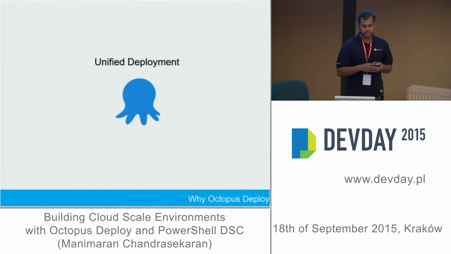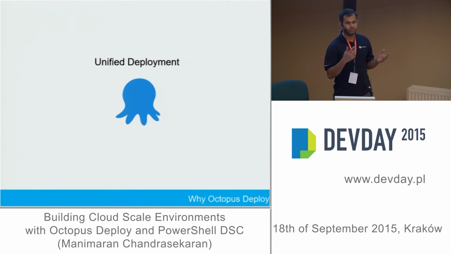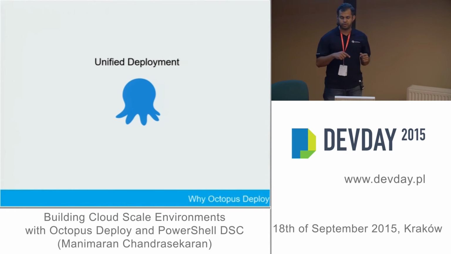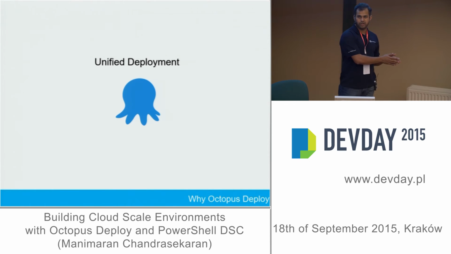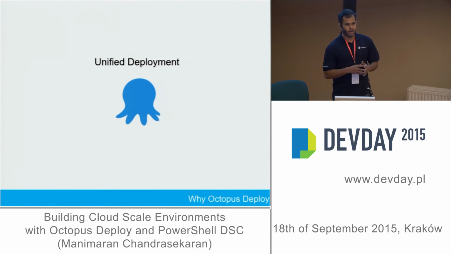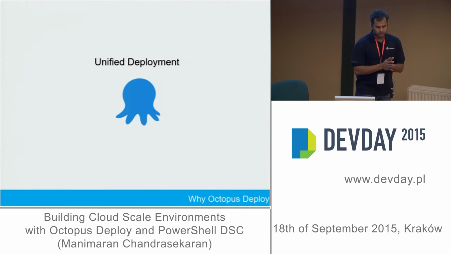For example, in the Windows world, since most of us are .NET developers, if you ask me to go and enable some features through a UI, we just click the button, and if somebody else, if Bob, has to do the similar thing, he might do it in the command line, so it is not the same. This gives you a unified deployment model to enable your digital pipeline in a more robust manner.